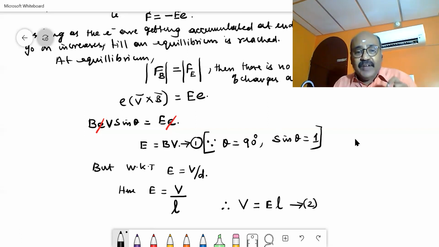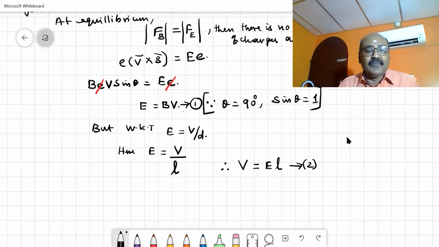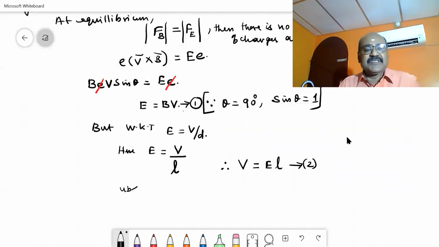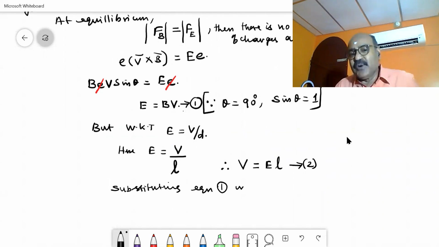Take the value of E from equation number 1 and substitute it here. So substituting equation 1 in equation 2, that is, substituting for E. Therefore, the potential difference developed V is equal to, instead of E, I can substitute B into v into L. This V is the potential difference and this v is velocity.